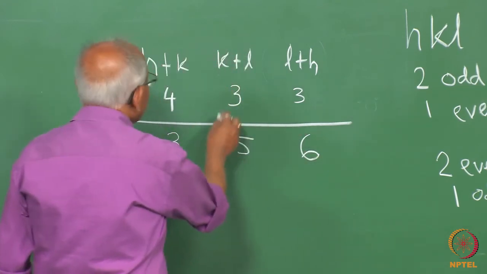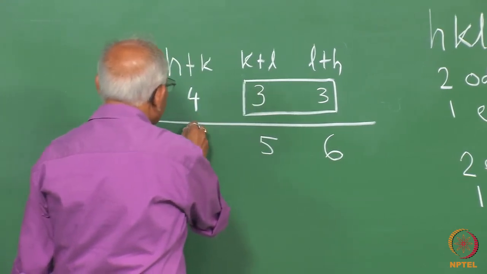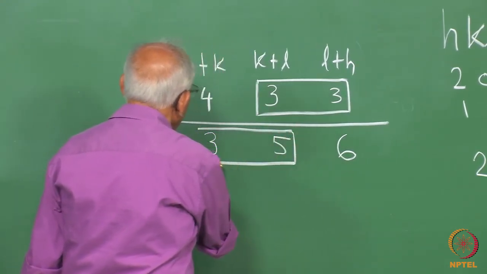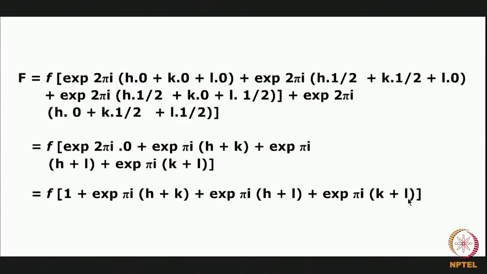So, here 2 are odd, 1 even, and in this case also 2 are odd, 1 is even. So, out of the 3 quantities h plus k, h plus l, k plus l, 2 will be having odd values and 1 will be even value.